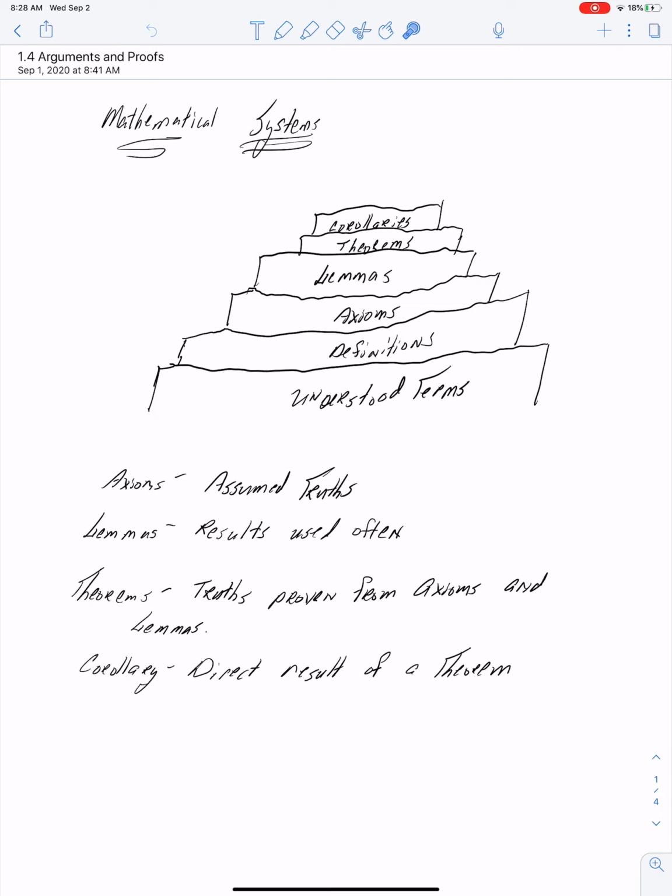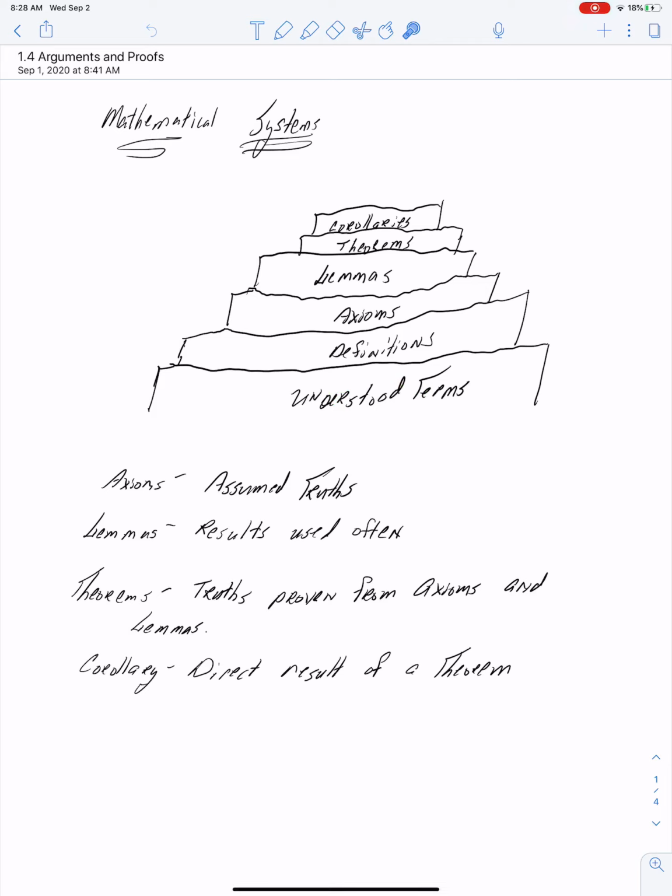What do you do? Look it up. Well, that process has to change at some point, and it changes when you've hit a common language and all the words are understood. So it might be a little disconcerting, but at the very bottom, there has to be some language that we understand.